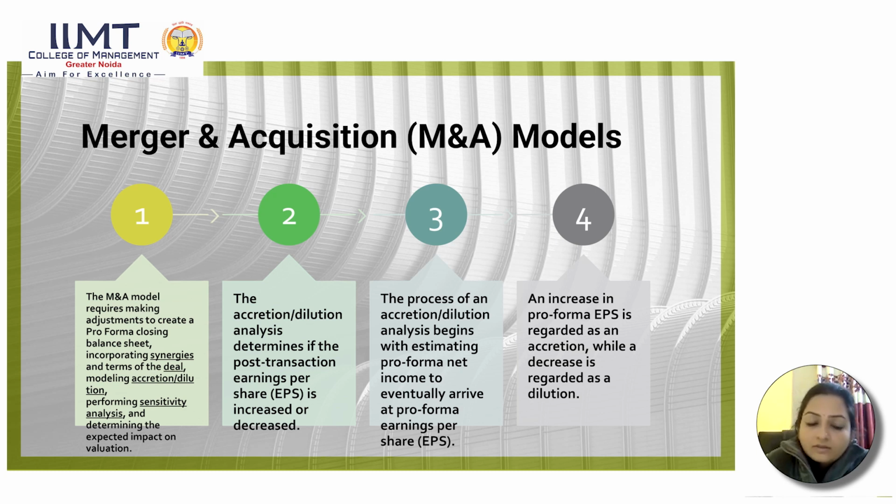When accretion occurs, then that merger is beneficial for that firm. But when there is a decrease in pro forma earning per share, or dilution, then that merger is not beneficial for that organization. So that firm should avoid that merger. In this way, we can say that this model is helpful for making merger and acquisition decisions.